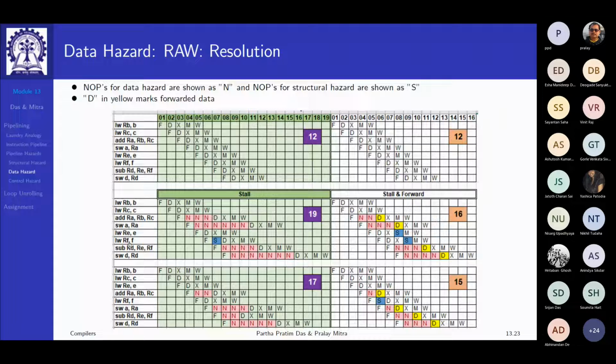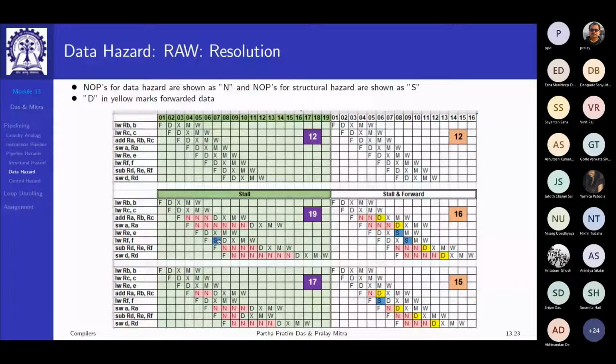By the normal scheduling, the decode of the load of F was supposed to happen in cycle 7. Now, this decode of add has moved from cycle 3 to cycle 7. So in cycle 7, both add as well as load of RF are decoding, but there is only one decode unit. So we cannot do that.